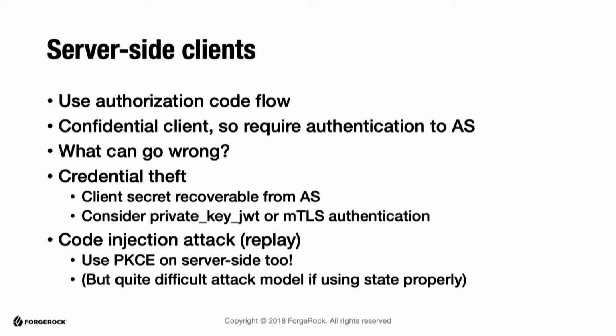And then there's also something else. While somebody couldn't steal your authorization code because of the credentials, they might be able to inject one. This is a weird attack, which is quite hard to pull off. Somebody could start a flow against your server-side app as themselves, stop it when the authorization code comes back, block that request and take that authorization code, and then they might be able to inject that into somebody else's session and swap out the authorization code.